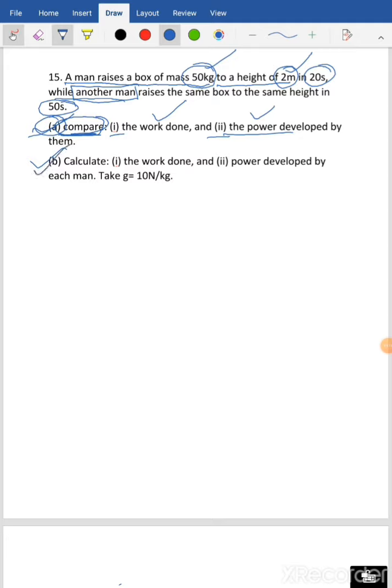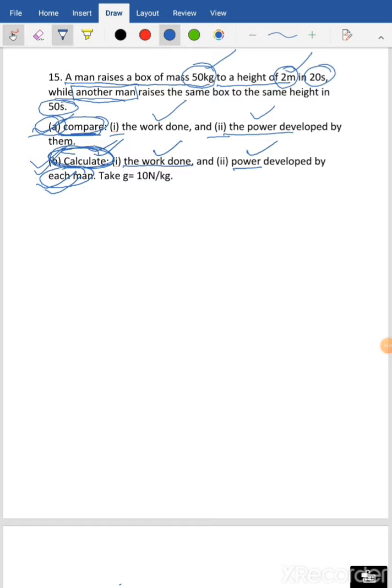And question number B, calculate. Now here we are asked to calculate. So when we say calculate, we'll get certain values here. So work done and power developed by each man. So each man, we have to find how much work is done by the first person and the second person, and what is the power developed by the first person and the second person. That is what we are asked to do.